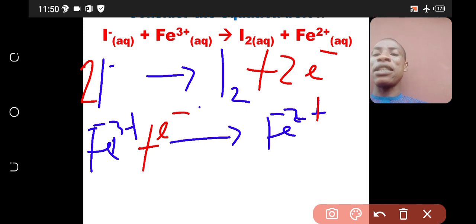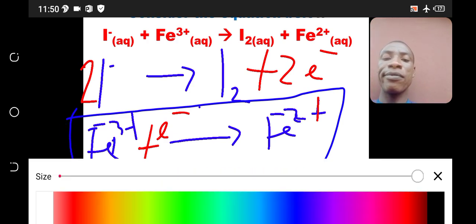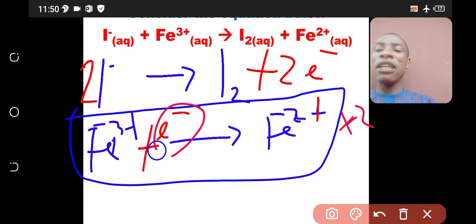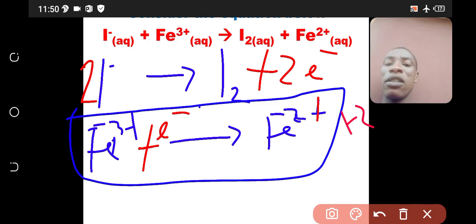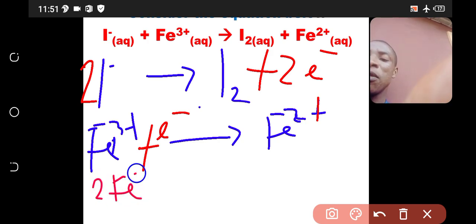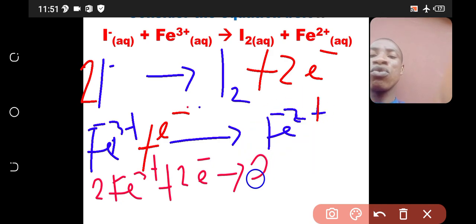So how do I do that? I multiply this whole equation by 2, so that the electron here becomes 2. That gives us 2Fe3+ plus 2 electrons, giving us 2Fe2+.